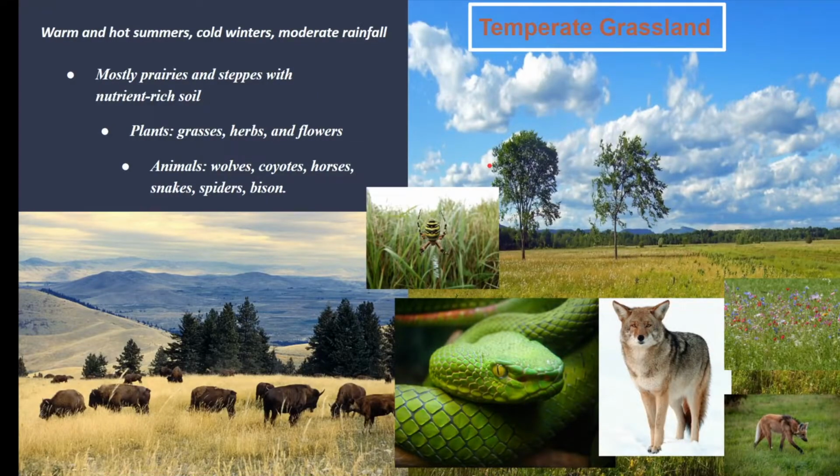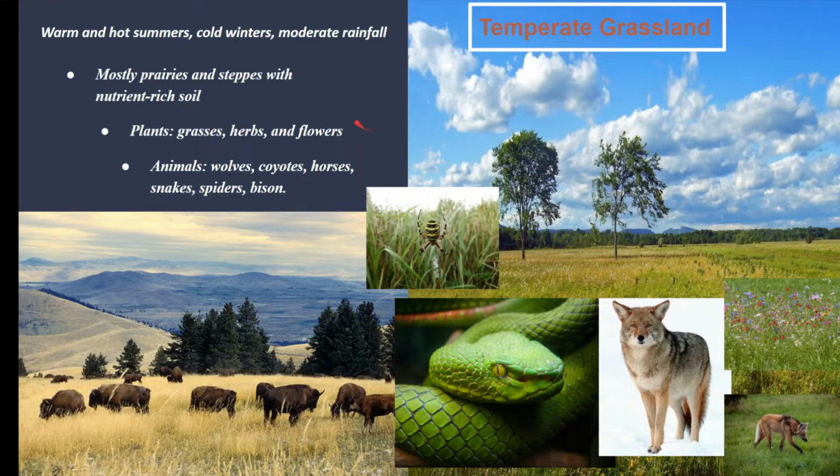On to our next biome, temperate grassland. They are in the temperate zone, so as you can tell, they have warm and hot summers, but they also have cold winters. Their rainfall is considered medium or moderate. For the most part, they're composed of prairies and steppes. They have nutrient-rich soils. They foster grasses, herbs, and flowers.